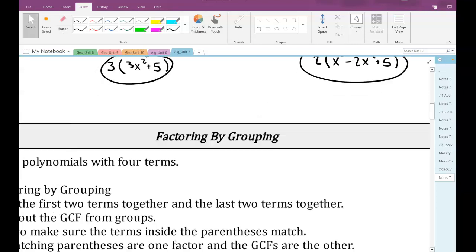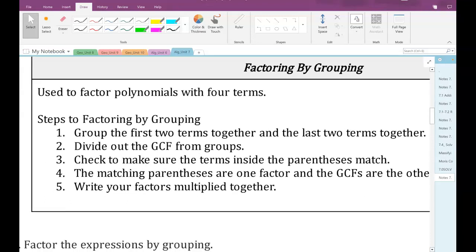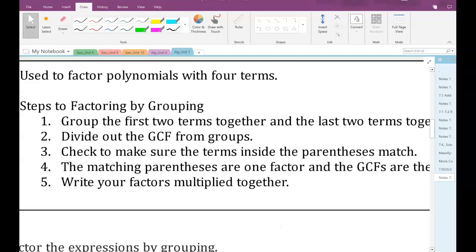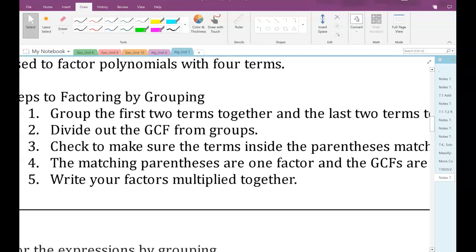So we're going to factor by grouping now, which is what we use to factor when we have 4 terms. And here are steps that I laid out, with the goal being, when you're working through your homework, you're looking at these steps as well, so you know what's going on. So your first step, it's called factor by grouping. You're going to group your first 2 terms together, then you're going to group your second 2 terms together, so your third and your fourth term.